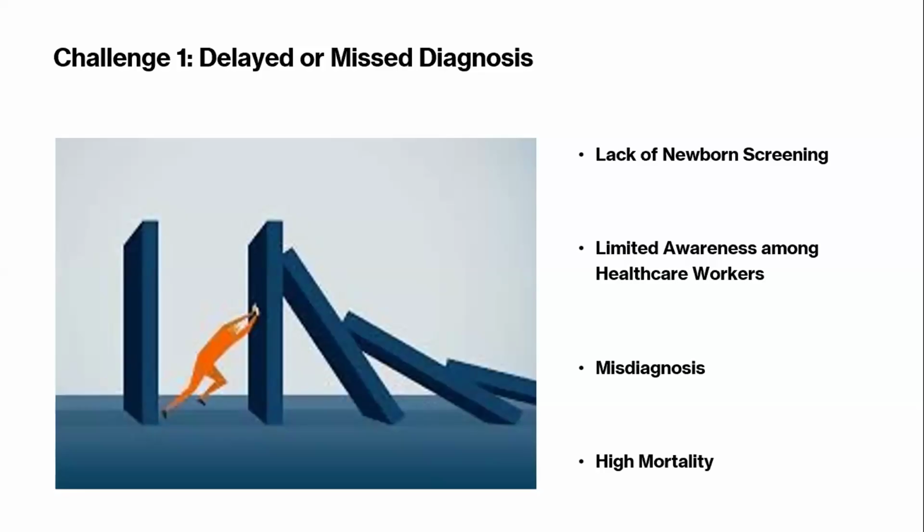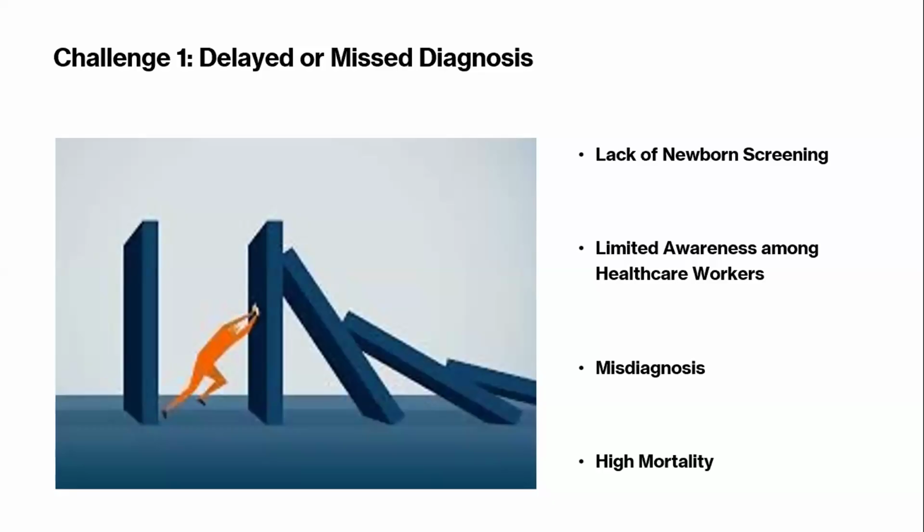Communicating with the CAH community, they have relayed to me that on the first day in the hospital, it was difficult to tell what gender the child was. So they would even have discussions with doctors to say, okay, what gender are we assigning to the child.